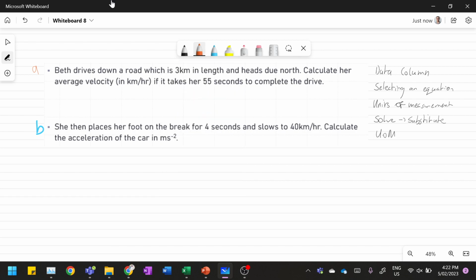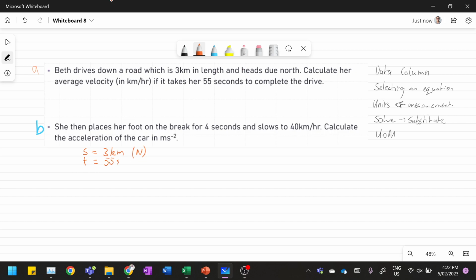So let's draw up a data column to begin with. So Beth drives down a road which is 3 kilometers in length, meaning that the displacement by the end, 3 kilometers. We can also put the note in that this is in the northerly direction. We also know our time. Time for this to happen is 55 seconds.